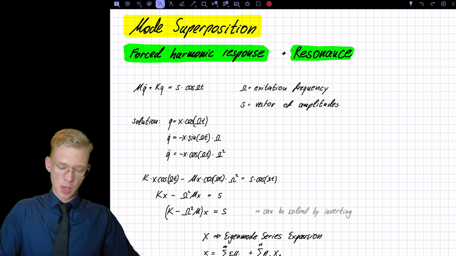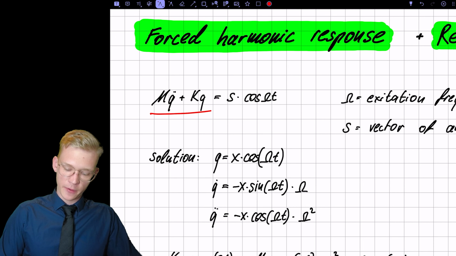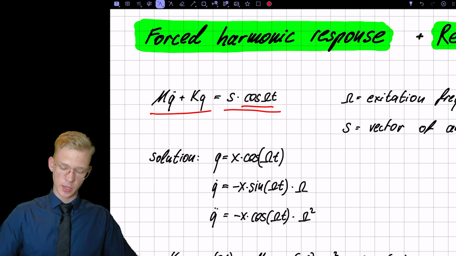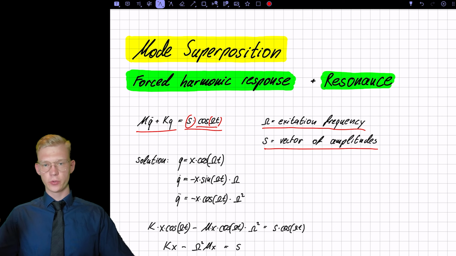Let's jump right in. We have a linear system and we have an additional force that is acting with a cosine. So we have a set of amplitudes, so that is our vector of amplitudes, and we have an excitation frequency.